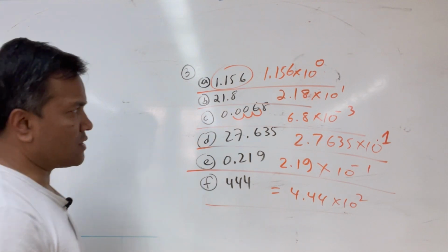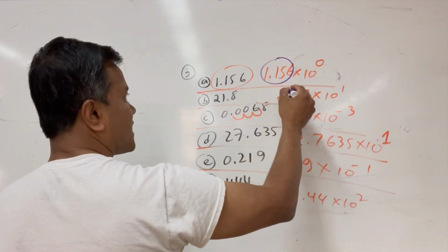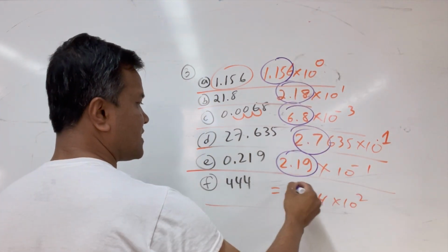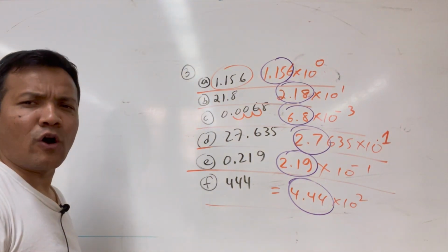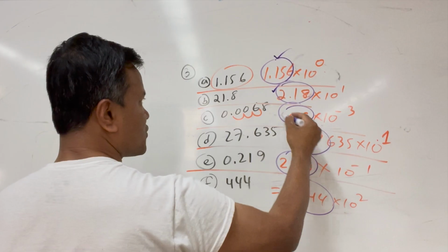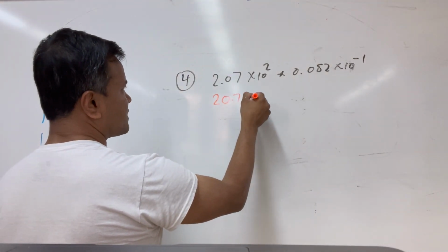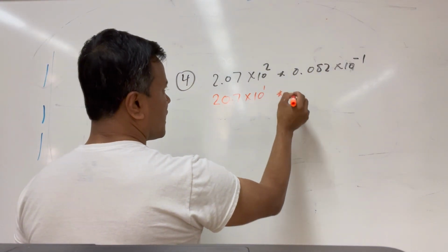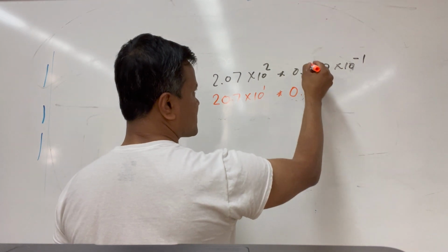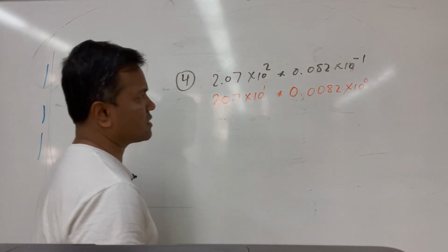In all cases, you notice that A is less than 10, and in all cases A is more than 1. So this can be written as 0.7 times 10 raised to 1, and this can be written as 0.00 something times 10 raised to 0, right? Okay.